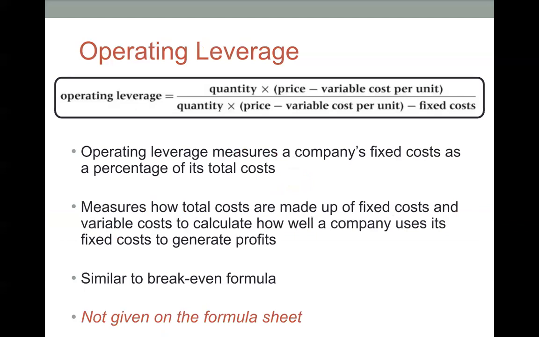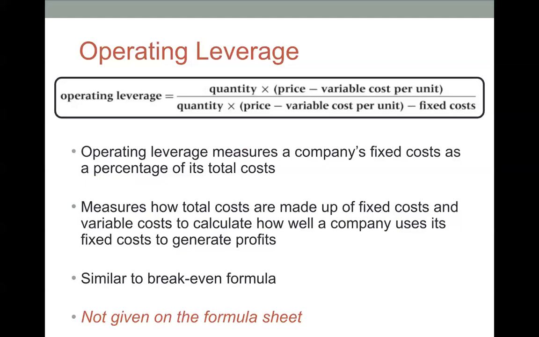Finally, operating leverage. Operating leverage looks really scary. Please take notes as I go through this. This is not as bad as it looks because it really takes unit contribution into account. And if you know unit contribution, we can make this a lot more simple.